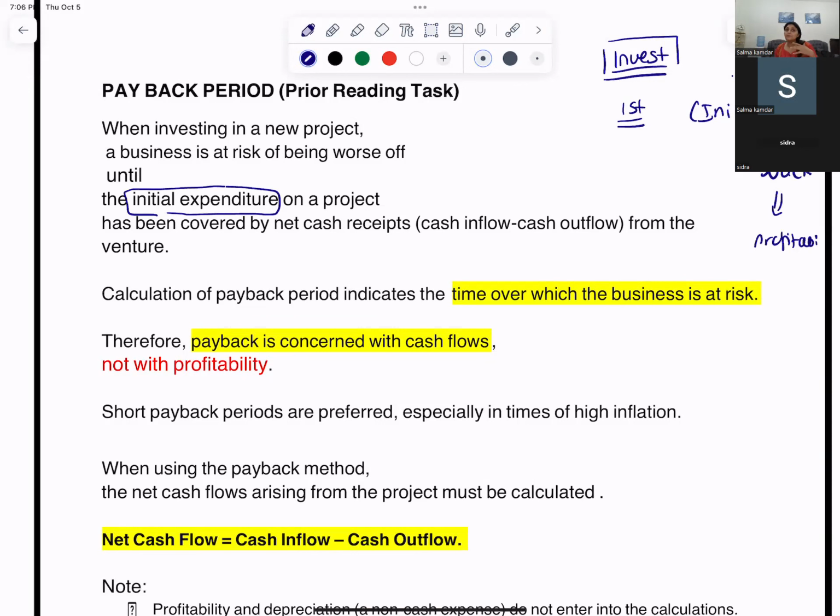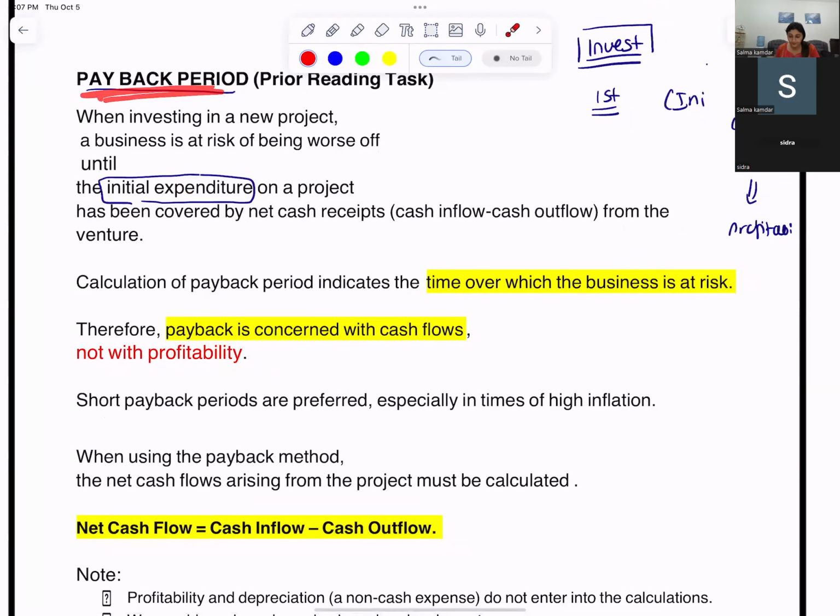So they say that more better than the accounting rate of return, another method of investment appraisal technique is called the payback period. Payback period will tell you within how much time your initial expenditure is going to come back.